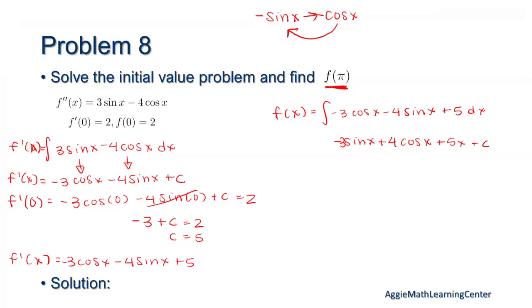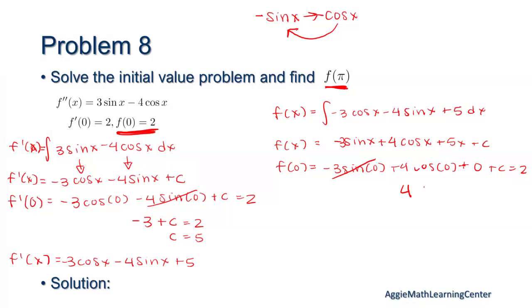So now I have my f of x, but I don't want the plus c, and I do have f of 0 equals 2. So f of 0 equals negative 3 sine of 0 plus 4 cosine 0 plus 5 times 0, which is just 0, plus c equals 2. Sine of 0 we already know is 0. Cosine 0 is 1, and times 4 is 4.